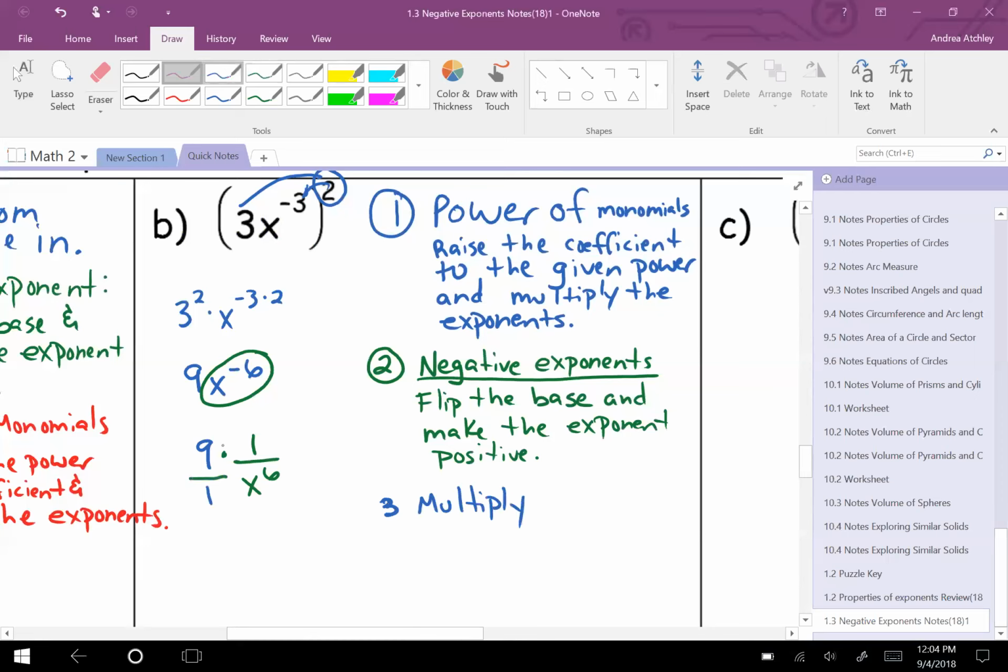And that's going to give me 9 over x to the 6th. Any questions over that? We're good? Okay, next one. Very similar yet again, but slightly different.